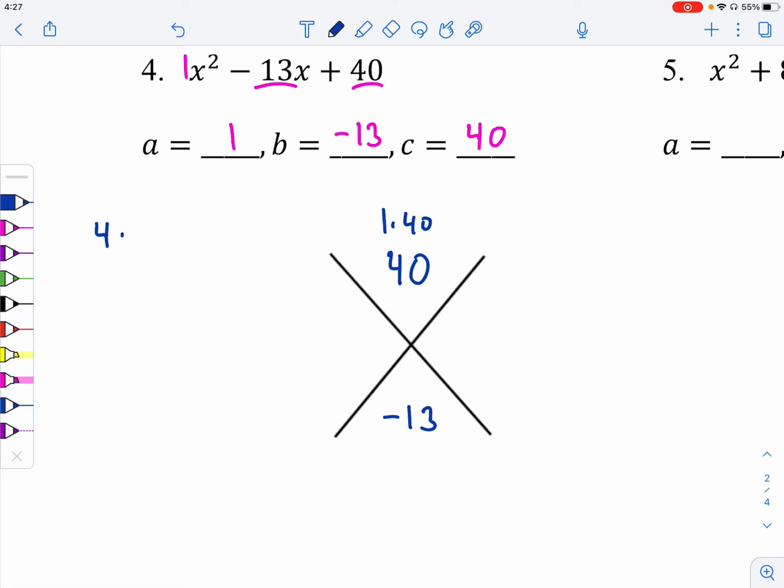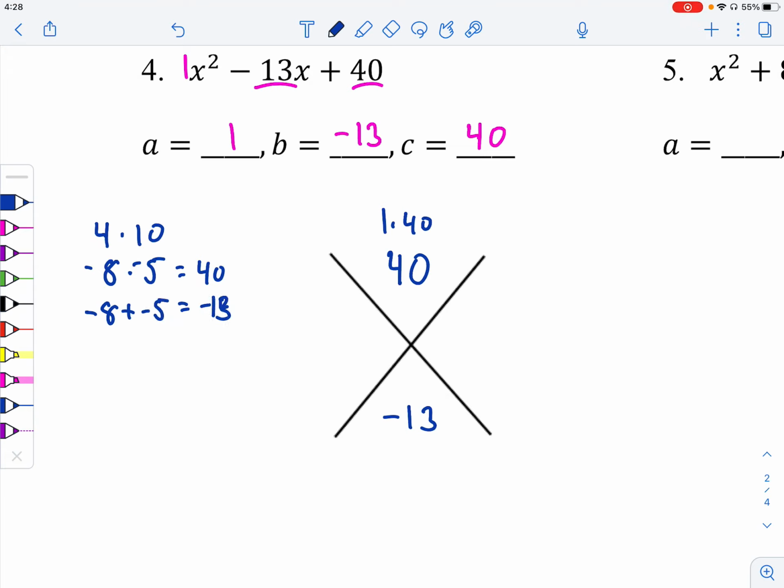So 4 times 10. Does that add to negative 13? No. What else can we do? 8 times 5. That multiplies to 40, but doesn't add to negative 13. But could we change our sign? Does that work? This multiplies to positive 40 and adds to negative 13.